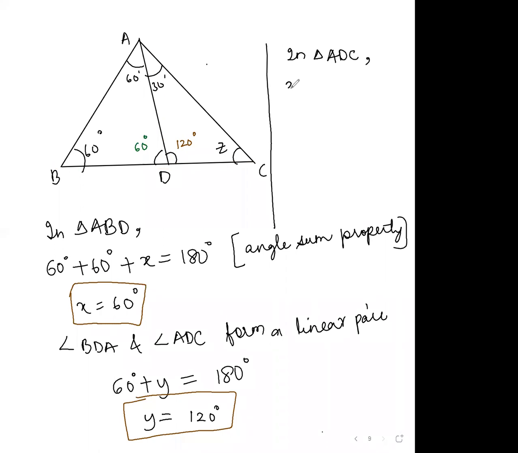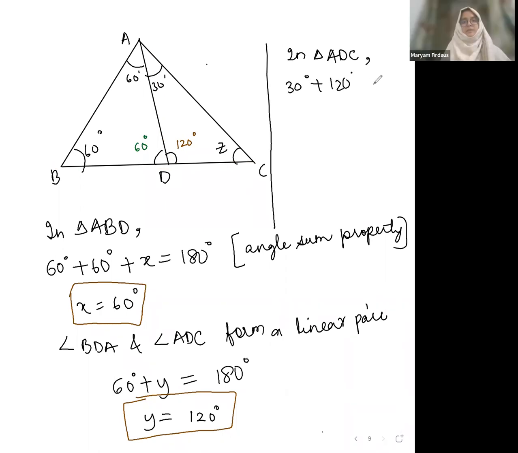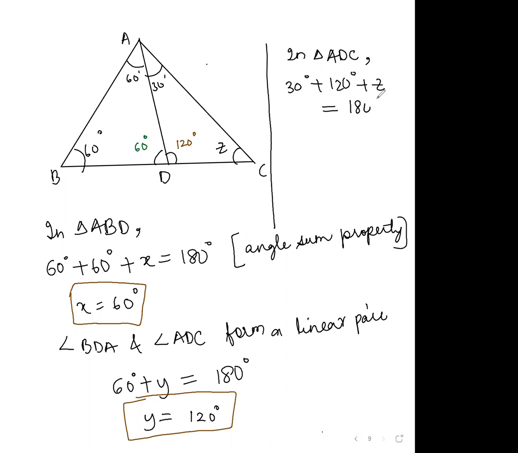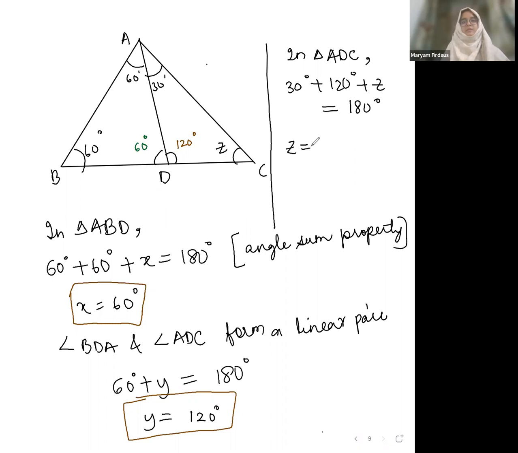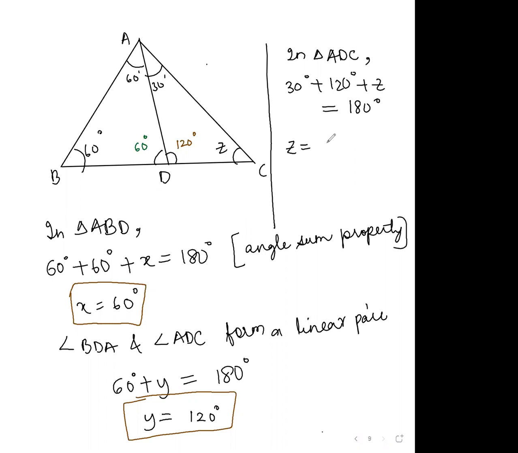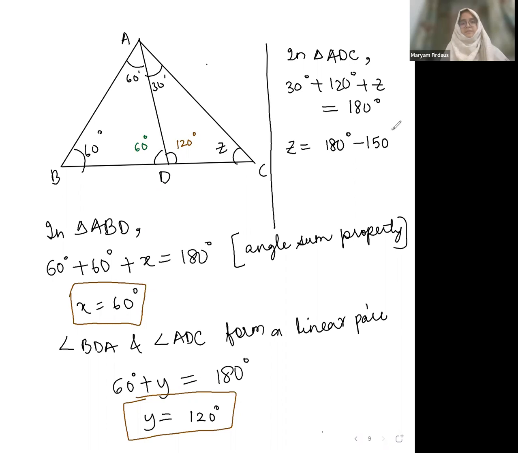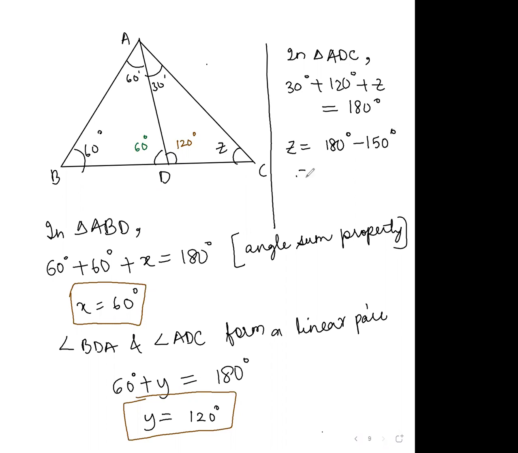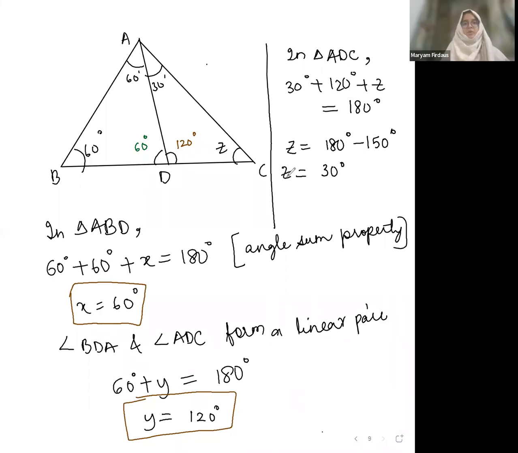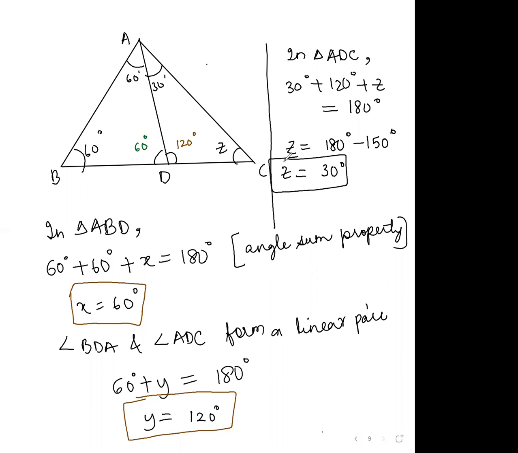In triangle ADC, 30 degrees plus 120 degrees plus Z gives 180. So Z plus 150 gives 180. Then you will minus it. 30 degrees. Very good. So have we found all three of them? Yes. Very nice.